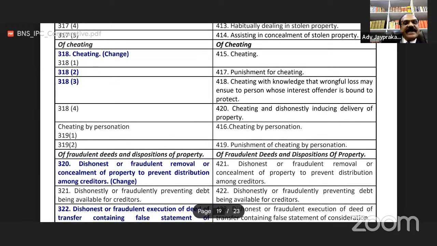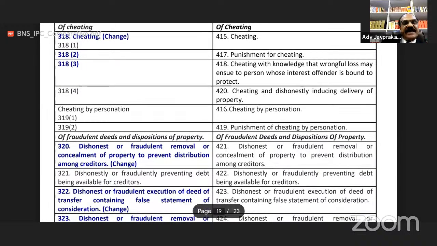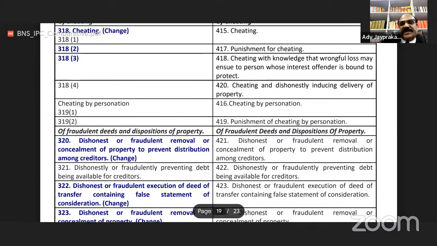BNS section 318(3), cheating with knowledge that wrongful loss may ensue to a person whose interest the offender is bound to protect. Its earlier section was IPC 418. BNS section 318(4), cheating and dishonestly inducing delivery of property. Its corresponding section was 420 in IPC.